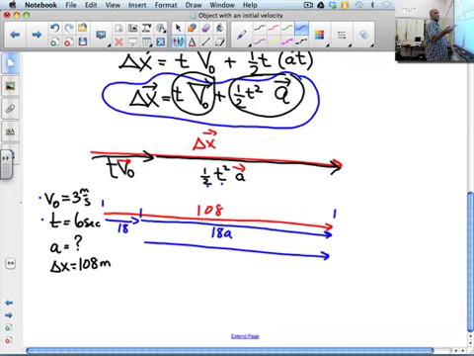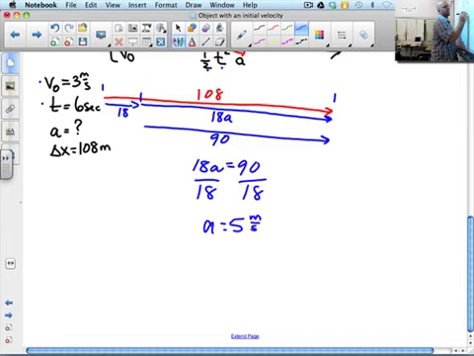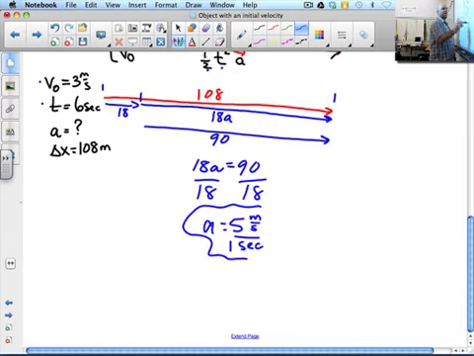So 108 minus 18, I could do that in my head. It's 90. So 18A has to equal 90. 18 times my acceleration is 90. So that means if I divide by 18, I get A equals 5. I'll put my units back now. Meters per second squared, meaning that every second my object is speeding up by 5 meters per second.